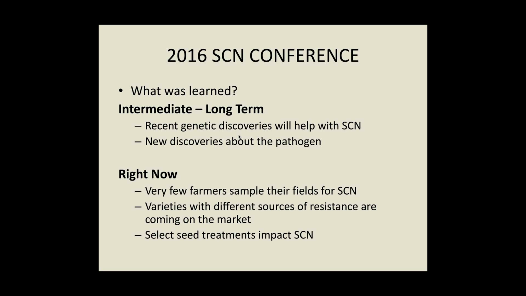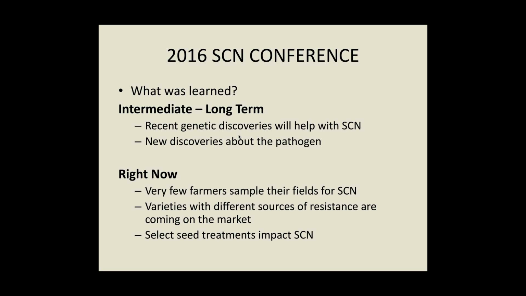If you're sampling just to see if you got cyst nematode, I can save you the money on doing that. There's an 88 to 100% chance, somewhere in that ballpark, that you have it in your field based on all of our surveys. So sampling just to see if you got it and then never doing anything else with that information is not really a good use of that money.